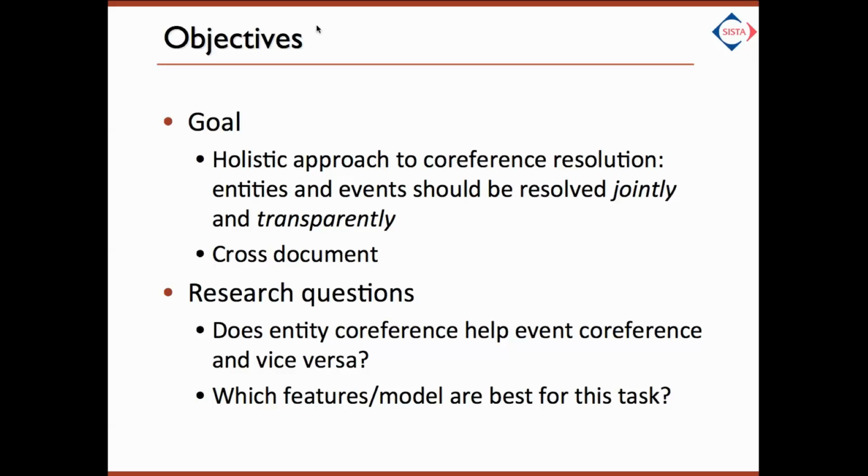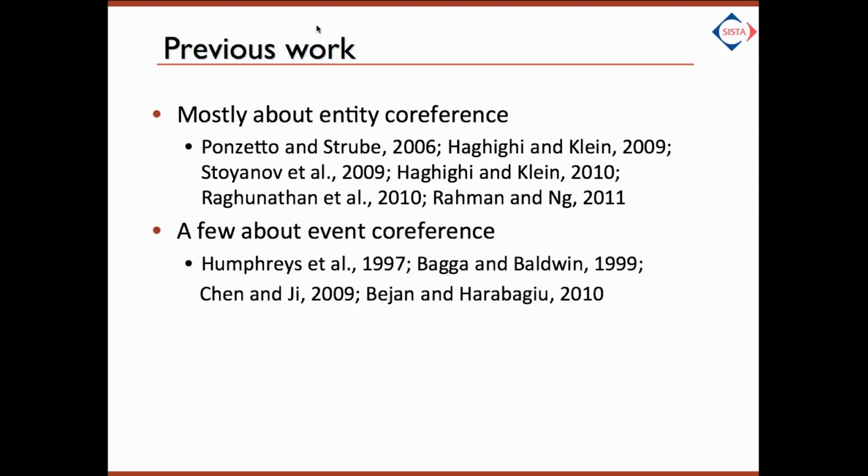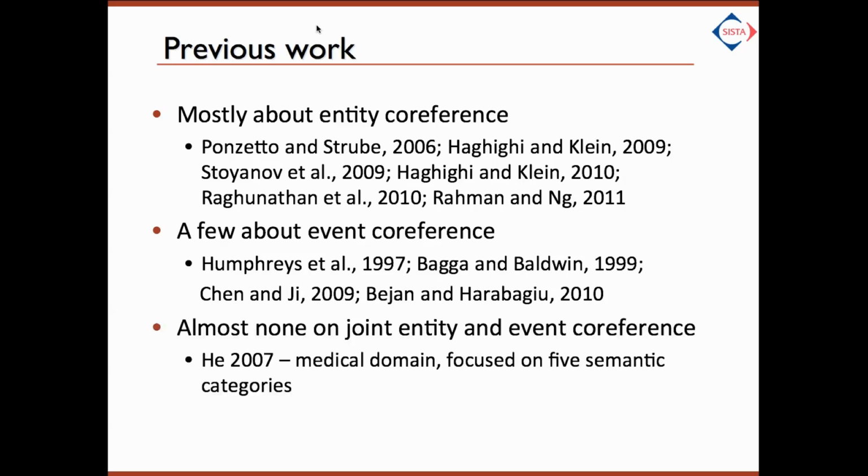The funny thing is that most literature focuses on entity coreference. It's very hard to find papers that focus on event coreference. There are a few. I'll say more about this paper in a second. We only found one that does the problem jointly, and it focuses on a very narrow medical domain. So this is essentially a new field.